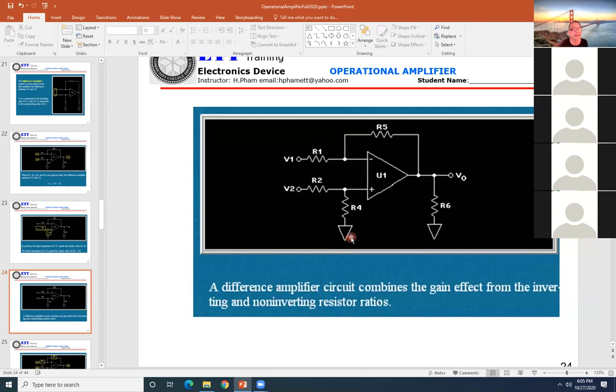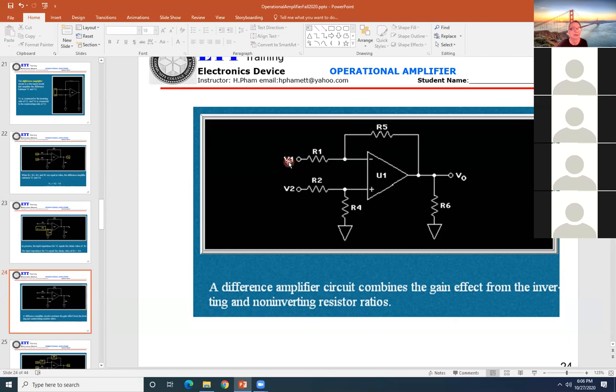Can you tell me the gain when it is inverting? Negative R5 divided by R1. Negative R5 over R1. Correct.